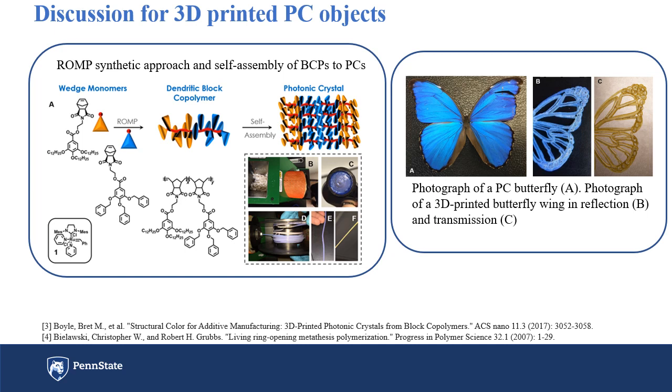A dendritic BCP composed of the benzyl alcohol type monomer was synthesized during the ROMP process. After that, this dendritic block copolymer will self-assemble to the final photonic crystal.